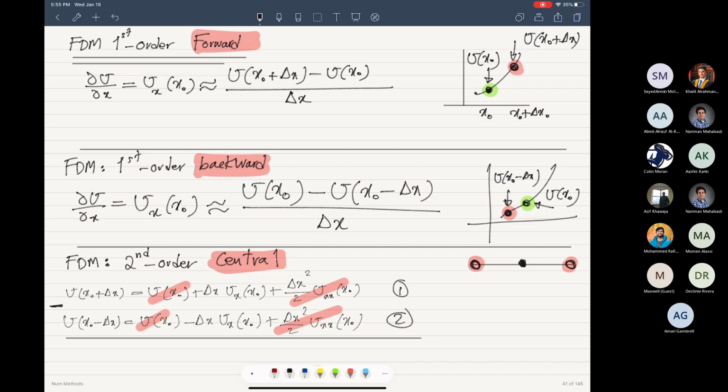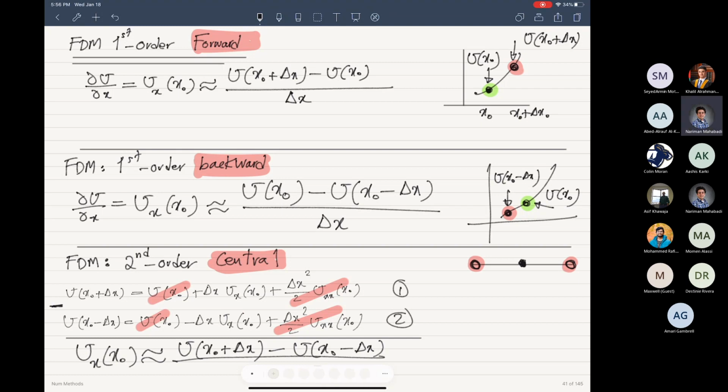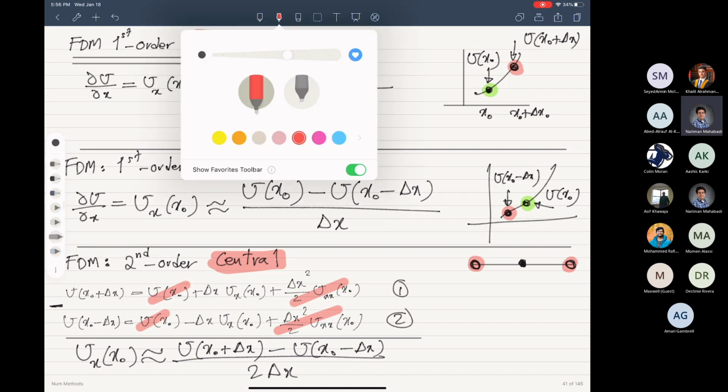So at the end, if I write everything in terms of this term, which is the first derivative ux, my ux at x naught can be approximated by the unknown function in the next grid minus the unknown function in the previous grid, divided by 2 delta x.